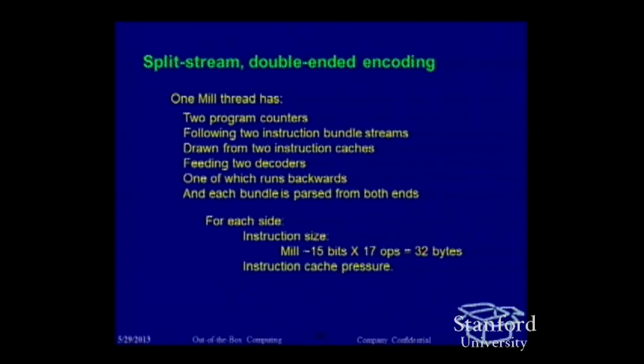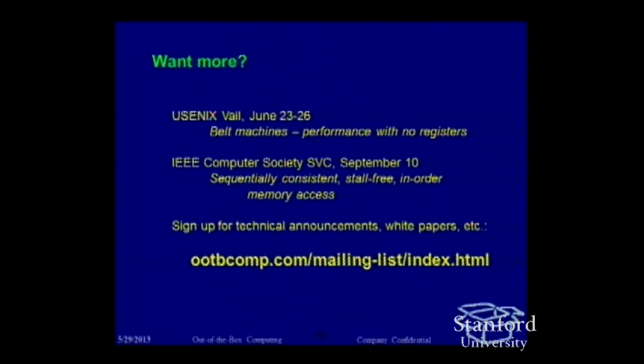The instruction cache pressure: because we have small operations, we have twice as much cache, so we're over that magic number of 1,000 instructions in the cache. The decode rate, 30 plus operations per cycle. This is instruction encoding.